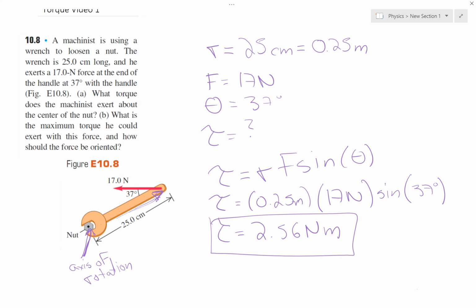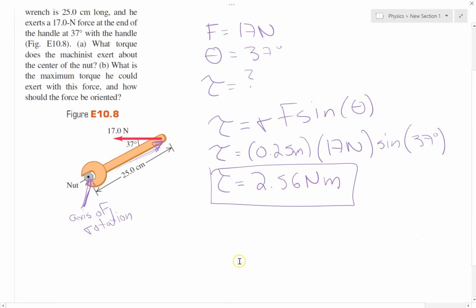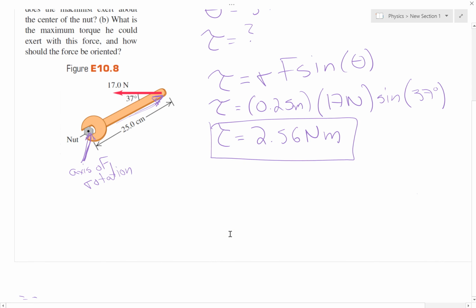And that's always going to be true. The maximum amount of torque will always be produced when the angle between the lever arm and the force is 90 degrees. So the way that we would write something that looks like that would look like this.